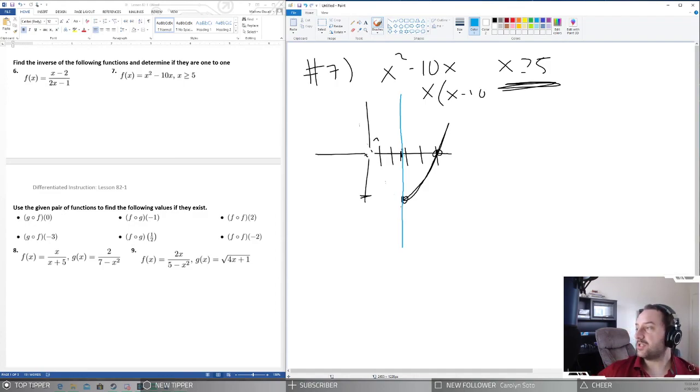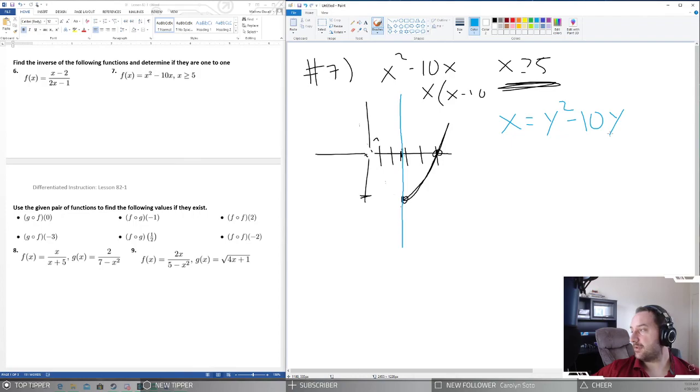So you just have to be aware that when you switch the x and y and solve for y by itself, you're going to get x equals y squared minus 10y. And so now we need to solve for y.